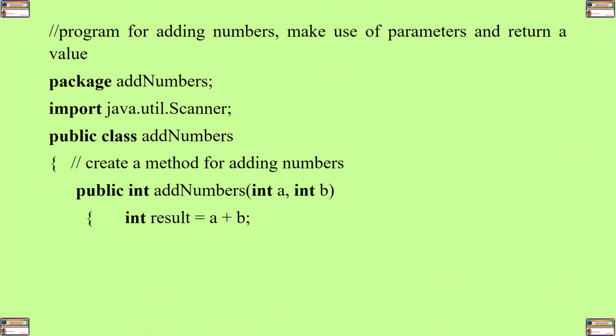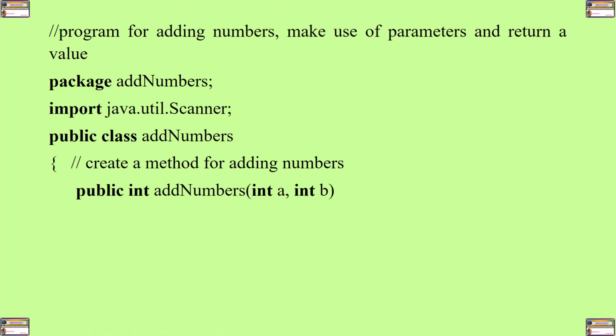Then we have the statement as follows. We are declaring a variable or a memory location called result, which is of type integer, and you're initializing it with the sum of the value received as A and the value received as B. So whatever will be received as A and whatever will be received as B will be added together, and the value will be assigned into the memory location called result, which at the same time is being declared.